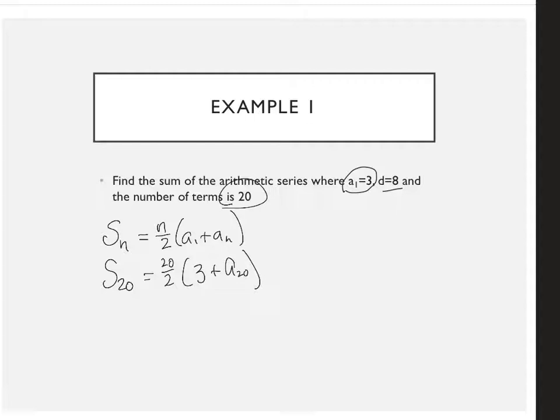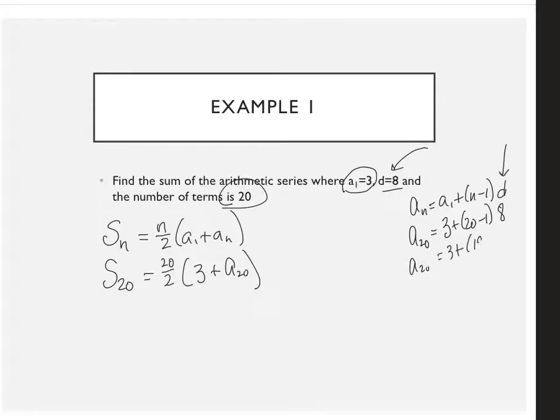That means that this is here so that I can use the other formula that does have a D in it so that I can figure out what the 20th term is. So let me put in the first term, the 20, and the D. So a sub 20 is 3 plus 19 times 8.